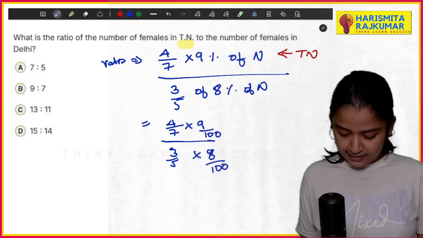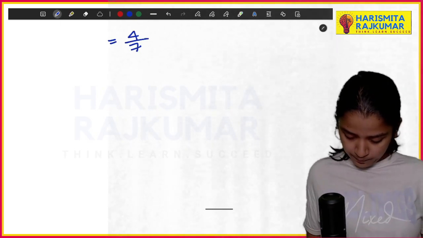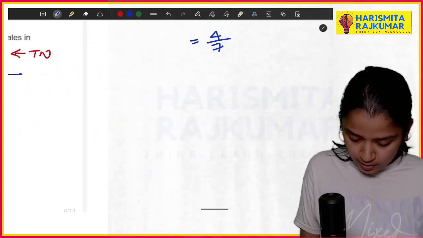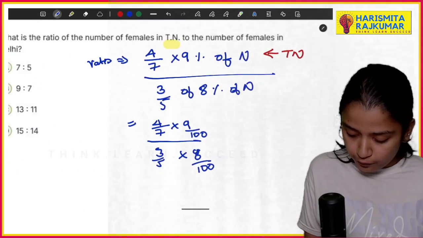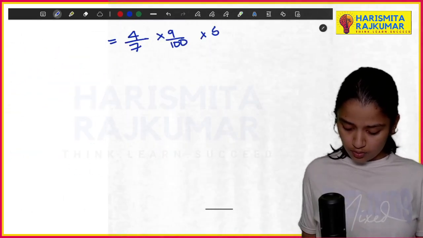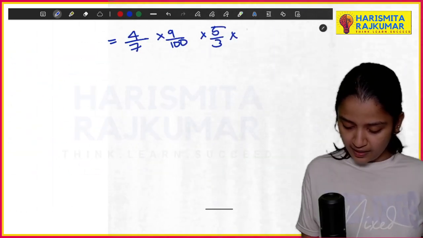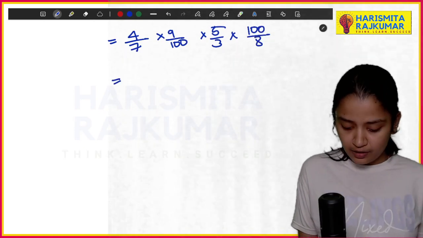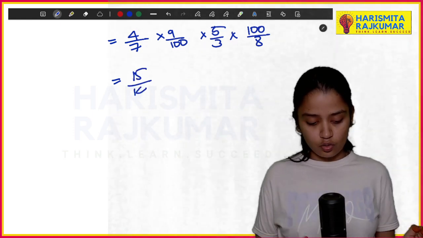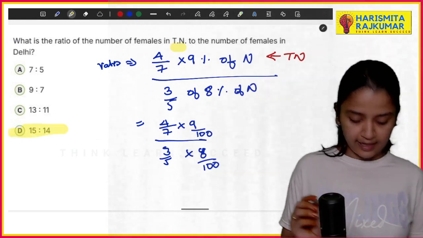This is 4 by 7 into 9 by 100 into 5 by 3 into 100 by 8. When I further simplify everything, you get 15 by 14. So your ratio is 15:14, which is the right answer.